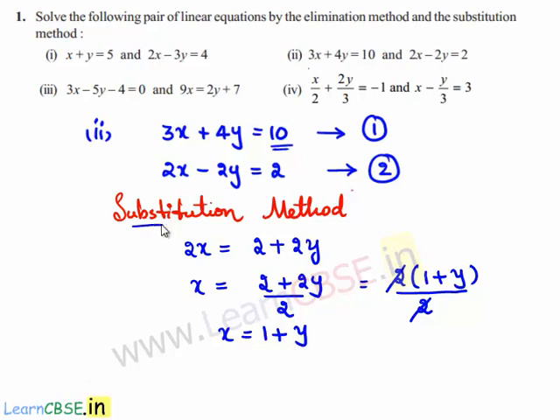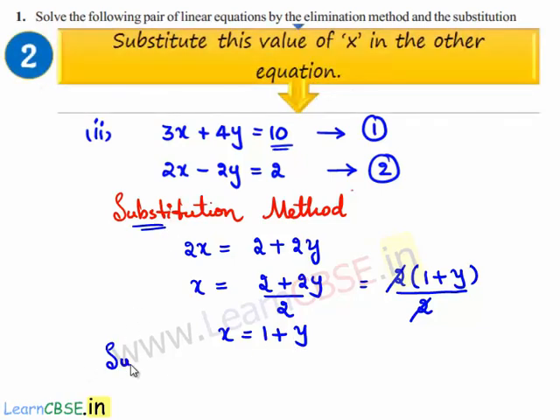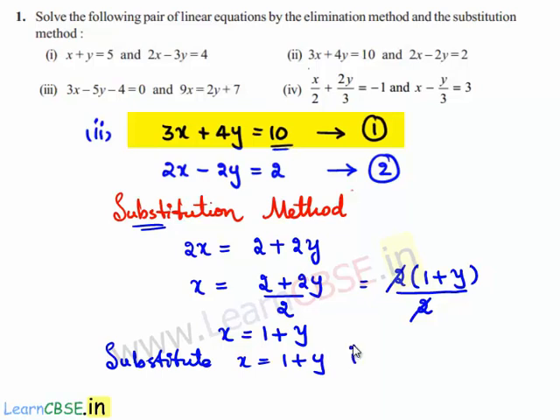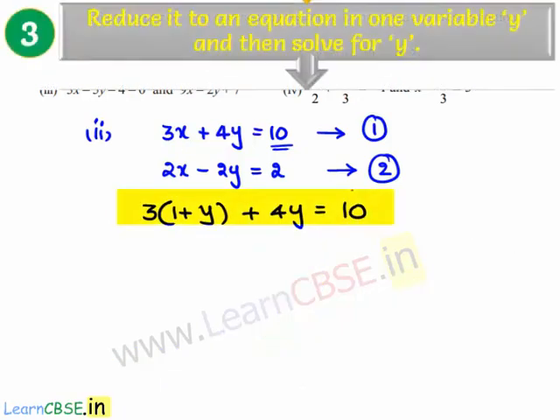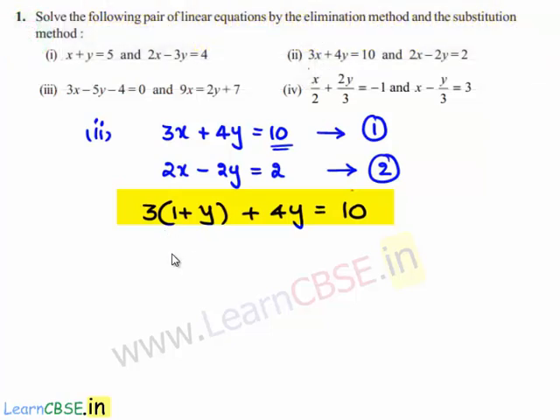Now since this is the substitution method, let us substitute x is equal to 1 plus y in equation number 1. So 3 times, in place of x we can substitute 1 plus y, plus 4y is equal to 10. So 3 times 1 plus y plus 4y is equal to 10. This becomes 3 multiplied by 1, which is 3.